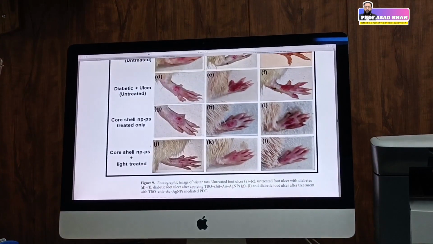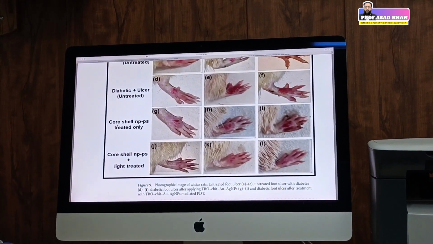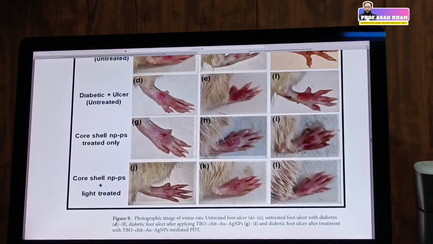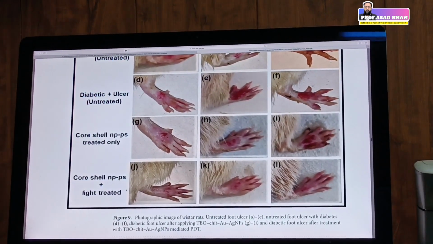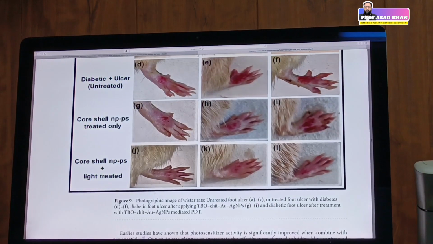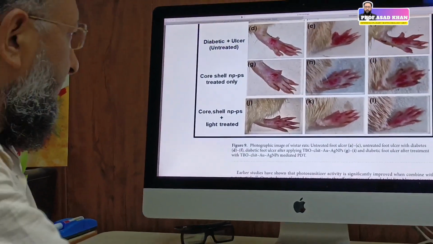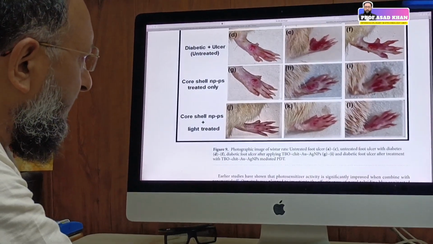Now, if you look at the treatment strategy, we use the core shell nanoparticles. The treatment is not fully recovered, but when we use the laser light together with these composite nanoparticles, then these ulcers are completely cured.